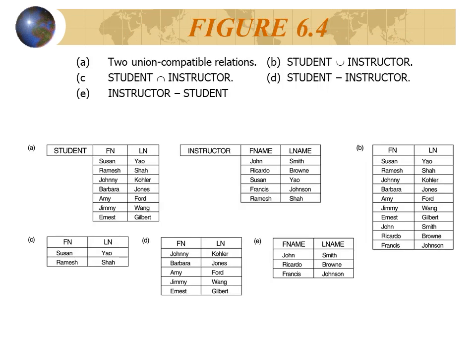Here we have an example of how we can work with union compatibility by taking help of set difference, union, and intersection. Take two union compatible relations, student and instructor. In student we have Fn, the first name, and Ln, the last name, and in instructor we have F name and L name.